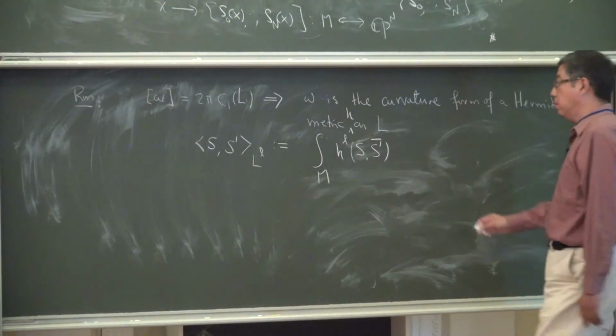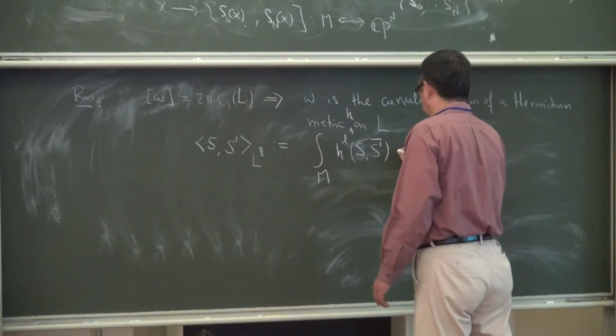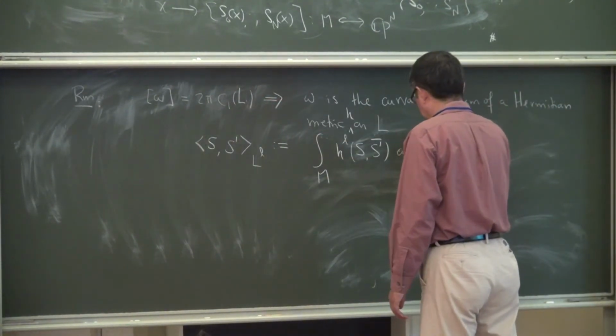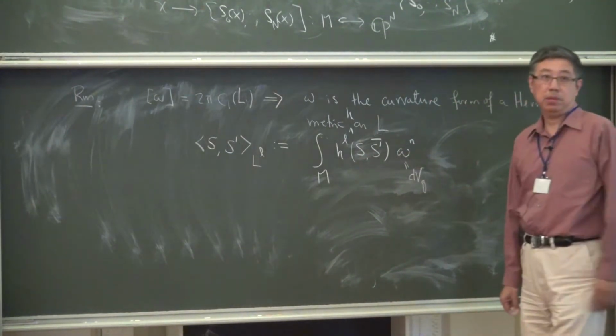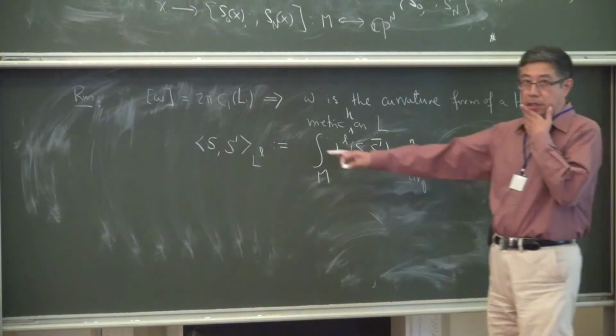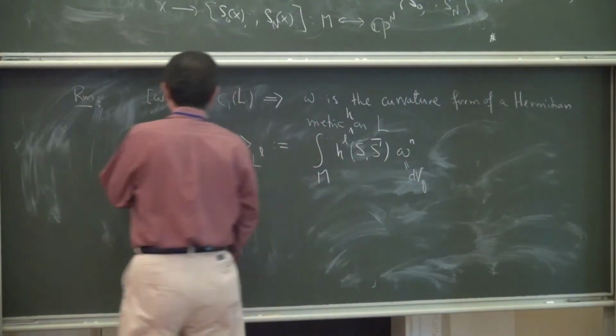Then you integrate against the volume form. This is just the volume form for the metric. So you get this Hermitian inner product.